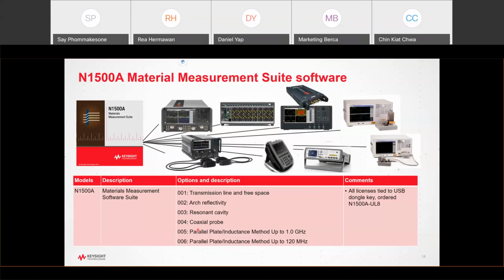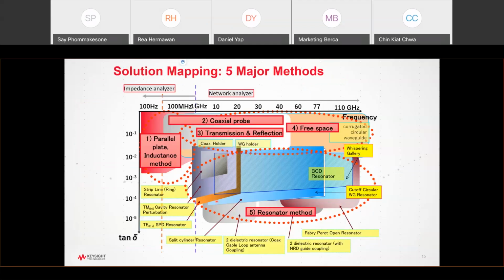So how are all these five different measurement methods mapped out based on what you are trying to characterize or measure? In this table, on the top it shows the frequency. On the left vertical axis shows the loss tangent, or the DF value, or the imaginary part of your permittivity relative to the real part.